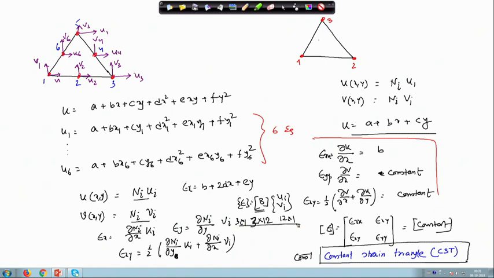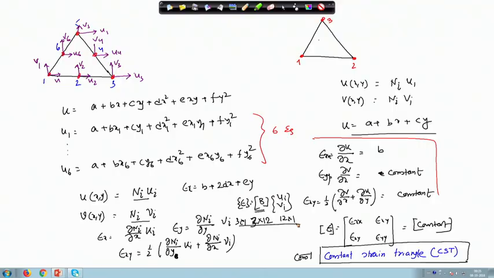So, this is how you can have this. Once you have the B matrix, and D is the constitutive relation, substitute that in the stiffness expression and integrate it over the entire domain, and you get the stiffness matrix for this element.